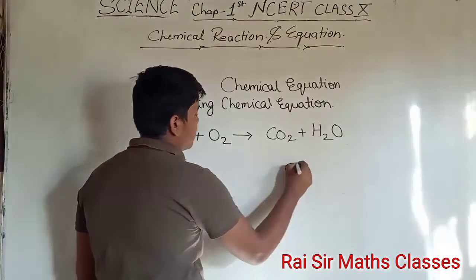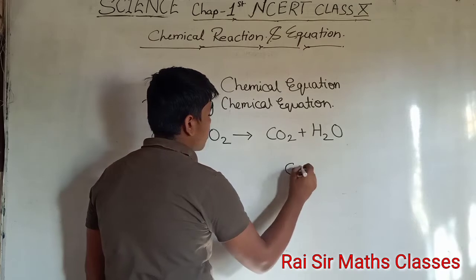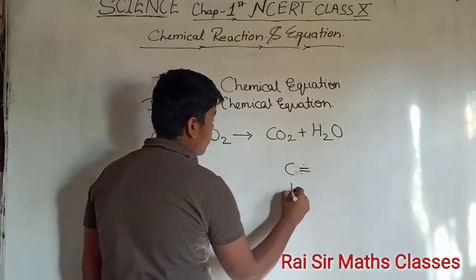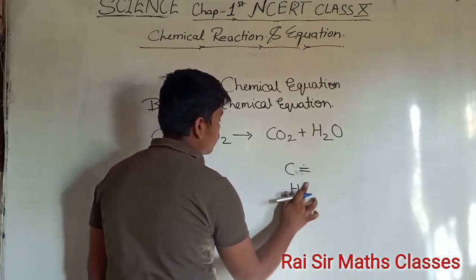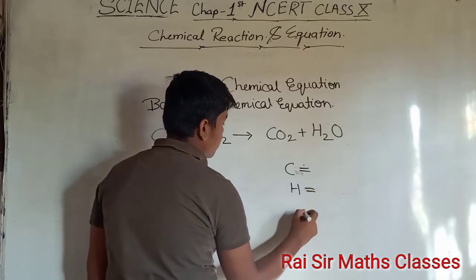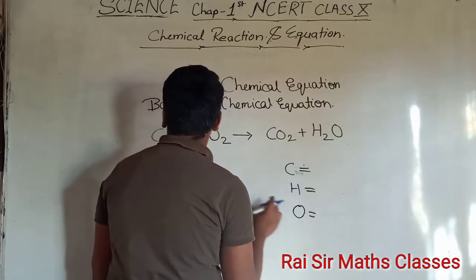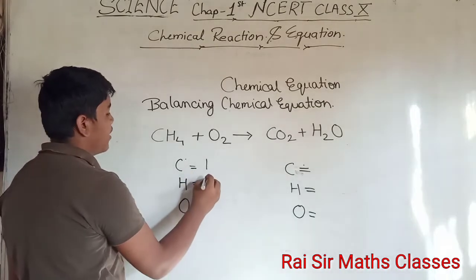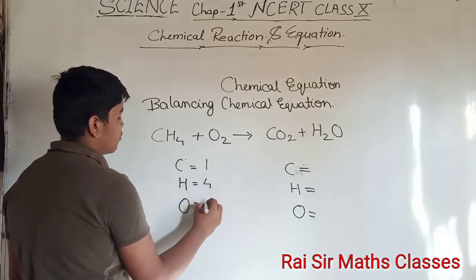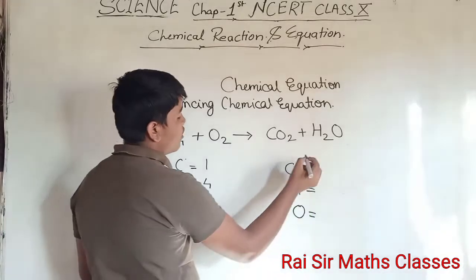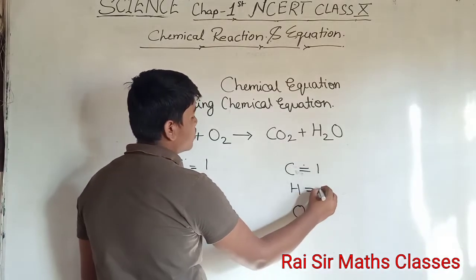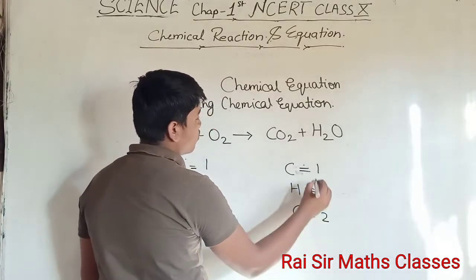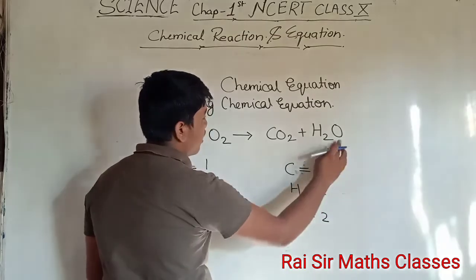Here we also have carbon, hydrogen and oxygen. Here carbon is 1, hydrogen 4 and oxygen 2. Here carbon 1, oxygen 2, hydrogen 2 and 1 more.